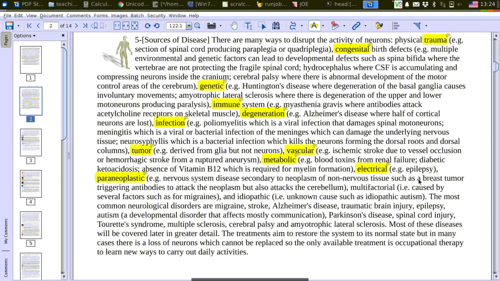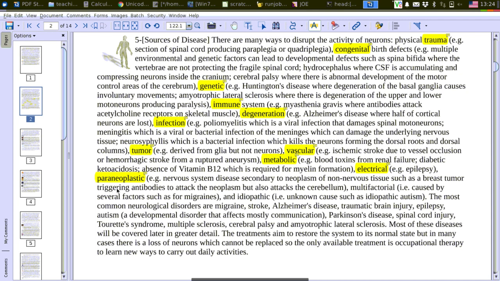An example would be a breast tumor. So a person has a breast tumor, and the normal reaction of the immune system when it sees abnormal cells is that it tries to kill them. So it develops antibodies for the abnormal breast tumor and attacks the breast tumor.